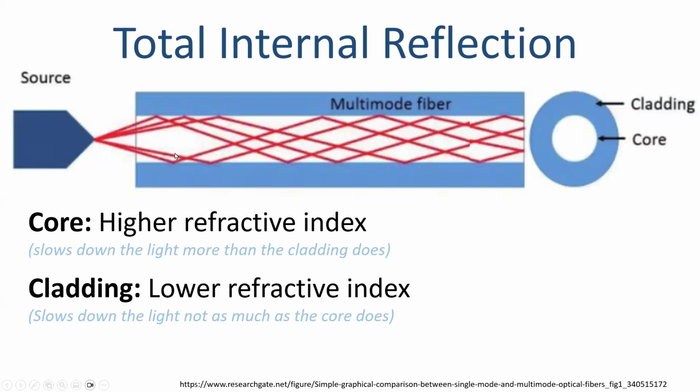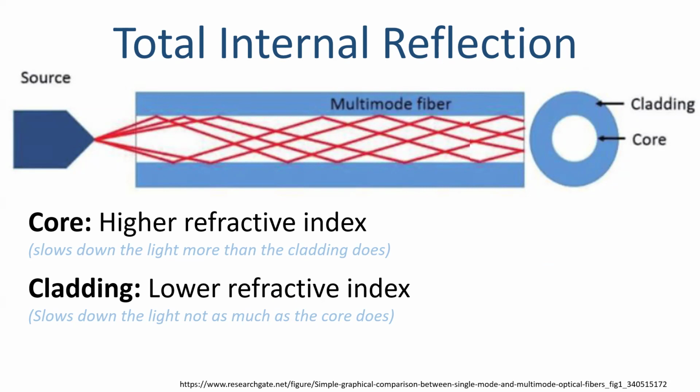Here is how the signal transmission works in fiber optic strand, in the strand of a fiber optic line. Here is something that's called a core. And here's something that's called a cladding. Cladding is another word for surrounding, enclosing, hugging.